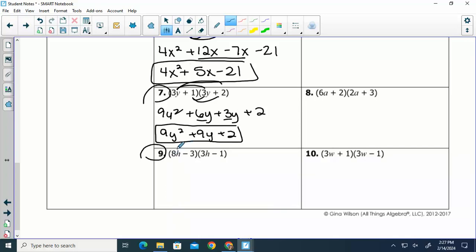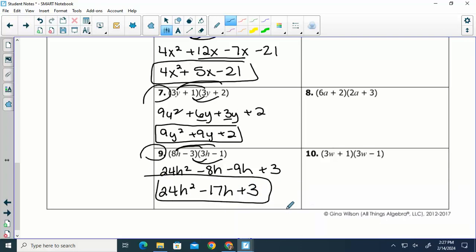Number 9, if we multiply 8h times 3h, 24h squared, minus 8h, minus 9h, plus 3. So we get 24h squared minus 17h plus 3.